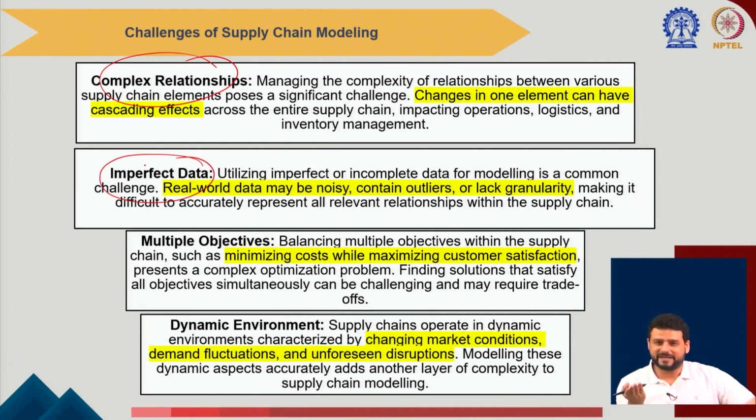You need data to validate, right? You need data to develop those models, right? So how accurately and how timely you are getting information, that is also a big challenge. Multiple objectives, because of multiple organizations: one organization may be competing on responsiveness, another organization is competing on cost efficiency, so multiple organizations, multiple objectives can be another challenge.